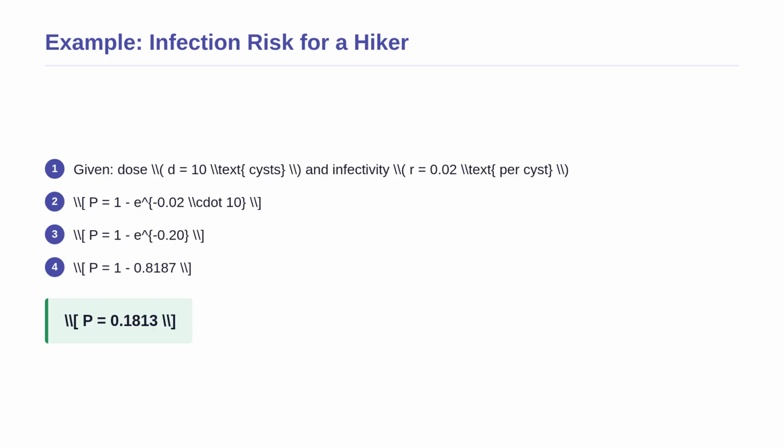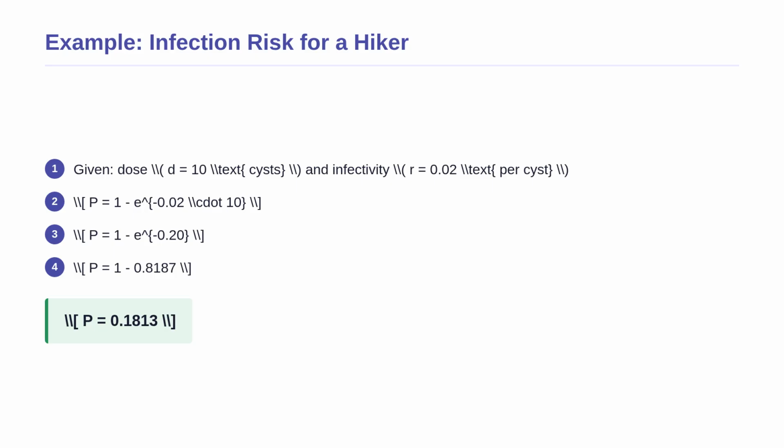Now that we have our formula, let us see this with a concrete example. Imagine our hiker accidentally swallows a tiny dose of just 10 cysts. Scientific studies give Giardia an infectivity parameter of 0.02. We plug these into our model, multiplying 0.02 by 10 to get an exponent of negative 0.20.